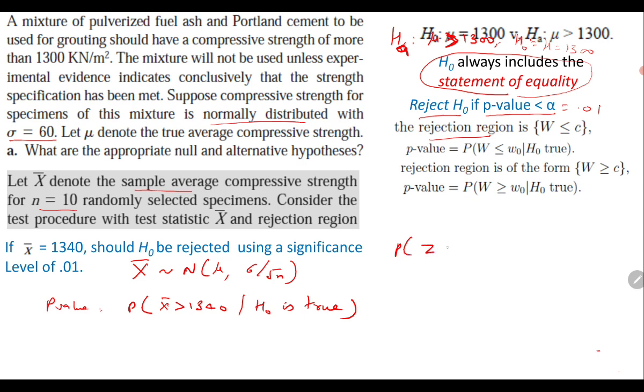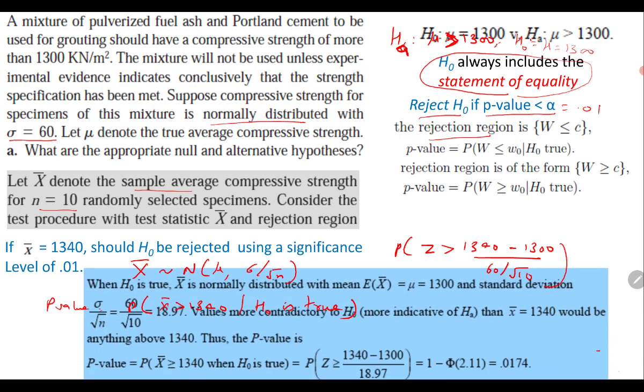So the probability of Z greater than or equal to 1340 minus mu, which is 1300, divided by sigma, which is 60, divided by root n, which is 10. Now using the table, this probability can easily be computed. There are many concepts, but again I am only introducing them.